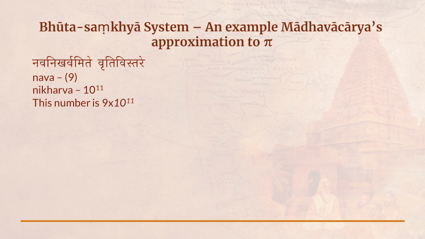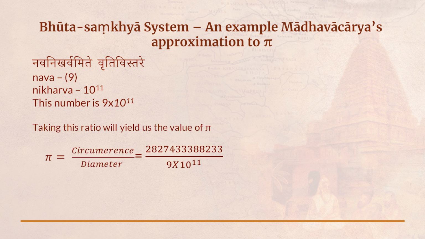So the second line has a number 9 into 10 power 11 and the balance part of the shloka talks about the circumference and the diameter ratio. So essentially this shloka is giving this number. It says 28274 333 88233 in the numerator, 9 into 10 power 11 in the denominator.